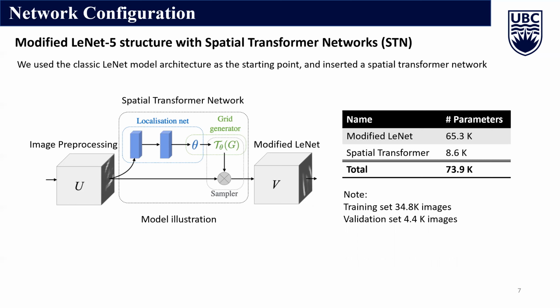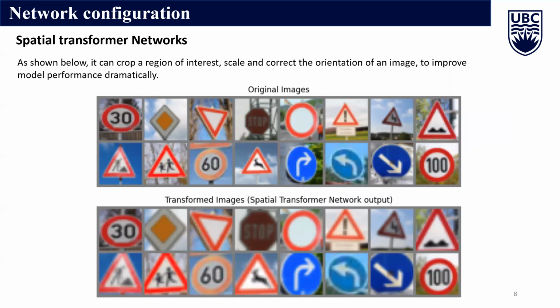The beauty of STN is that it can be plugged into an existing CNN with very little modification. And as shown below, it can crop a region of interest and scale and correct the orientation of the image to improve the model performance dramatically. This is the original images, and this is the transformed images.